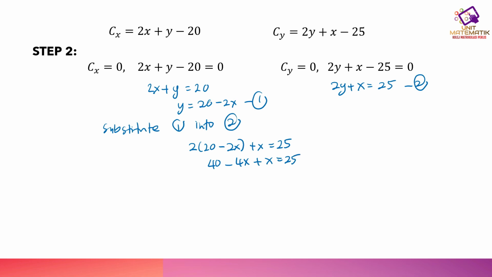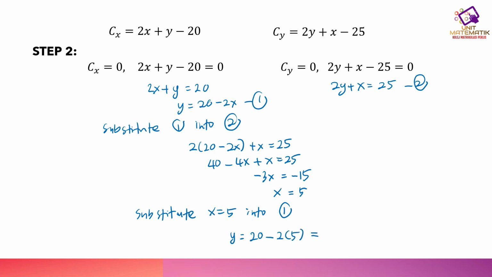Negative 3x equals negative 15, so your x equals 5. The last one, substitute x equals 5 into the first equation. So your y equals 20 minus 2 times 5, so your y equals 10.